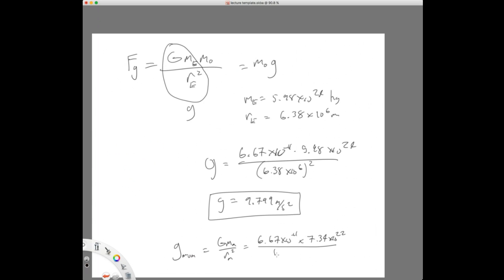And the radius was 1.738 times 10 to the 6. So you should work that on your calculator while I'm doing it.